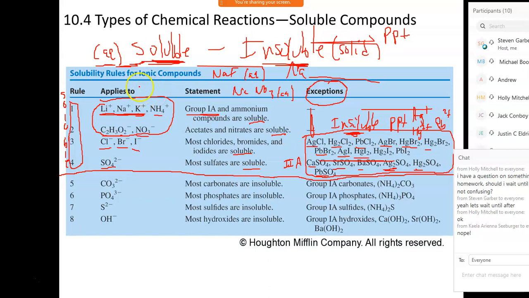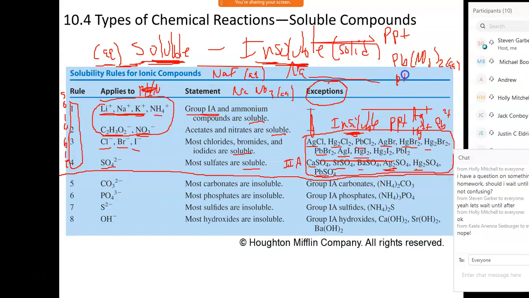If I have a nitrate, if I have lead nitrate, Pb, and most lead compounds are insoluble. Pretty much every lead compound is insoluble with the exception of lead nitrate and lead acetate. Those are the only two lead molecules in the universe that are soluble in water. So lead nitrate is aqueous.